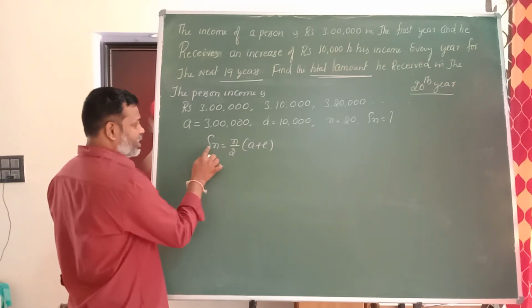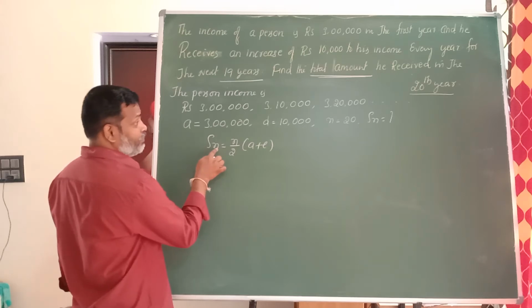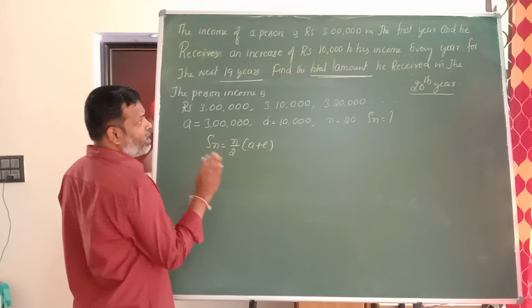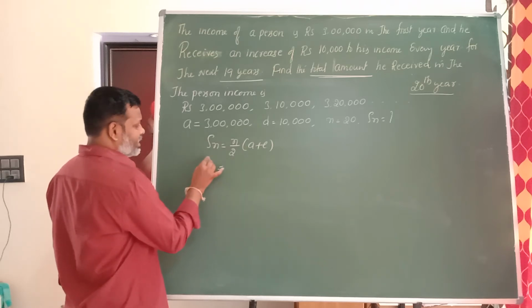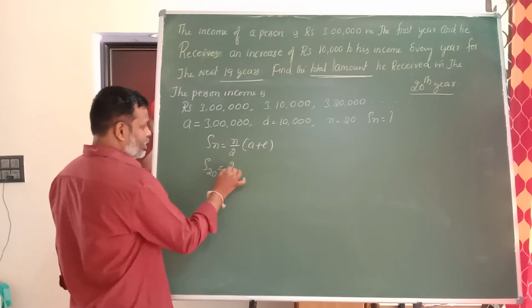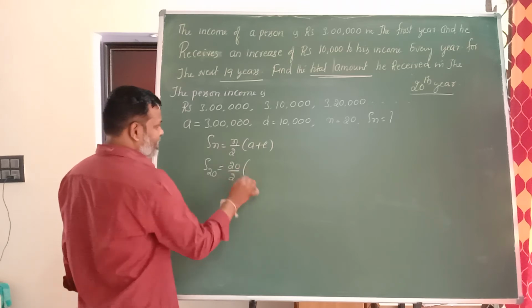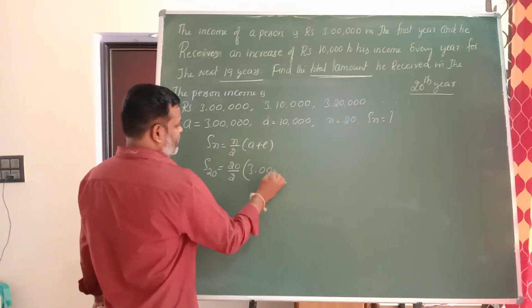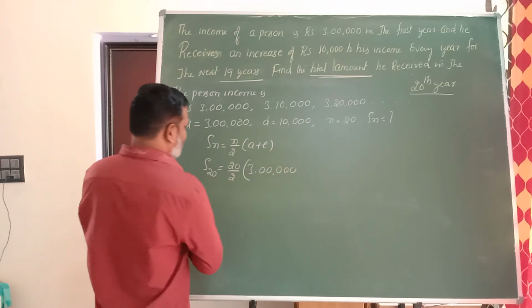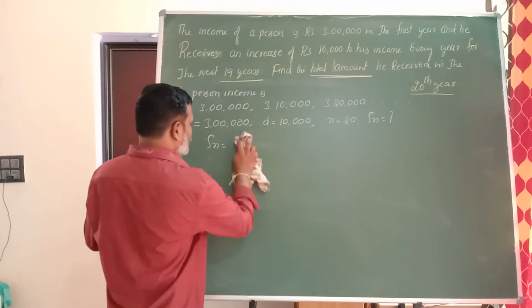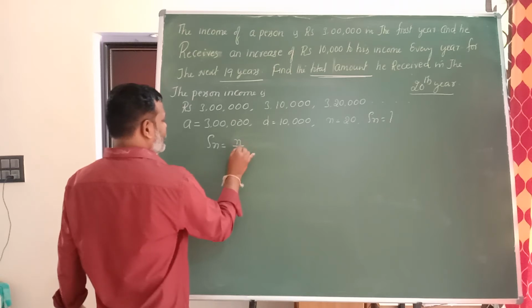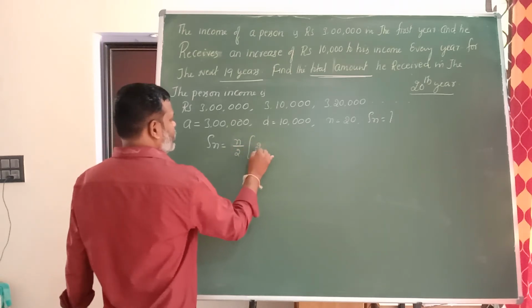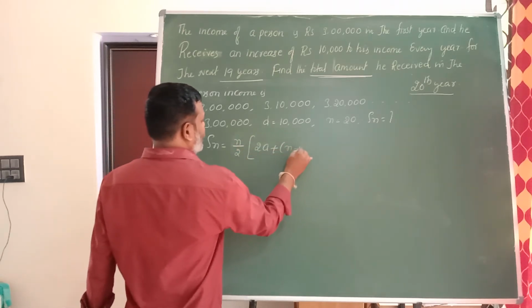Now we wish to find S20. I am sorry, here we have to use Sn is equal to n by 2 into 2a plus n minus 1 into d.